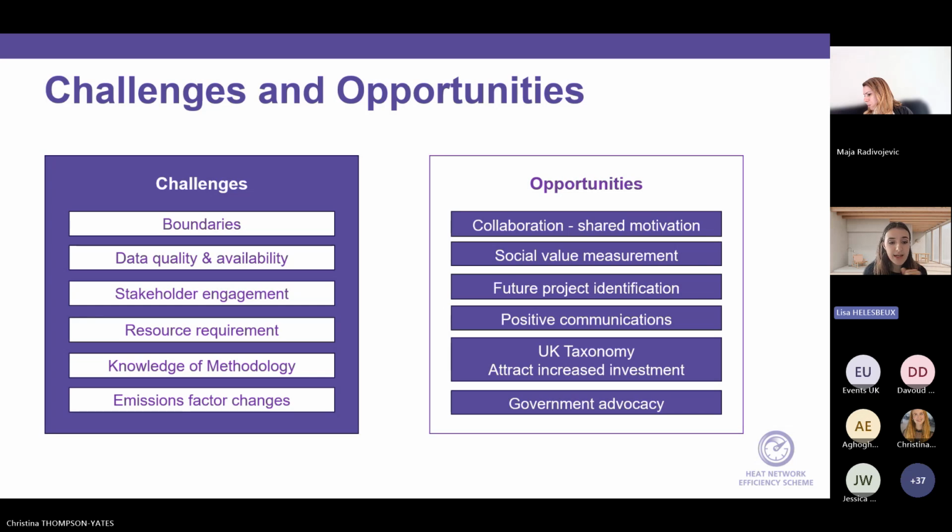Another important challenge that has already been discussed by Jessica and Maya is data quality and availability. The level of data you have can really vary significantly depending on the activity and the category we're talking about. For instance, for energy consumption, you may have detailed monitoring systems with real data that you can use and that is really high quality.